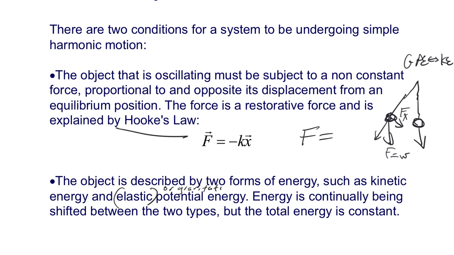I should put that. Energy is continually being shifted between these two types, but the total energy is constant. So the mechanical energy is always going to equal the KE plus the PE, whether it's EPE or GPE.